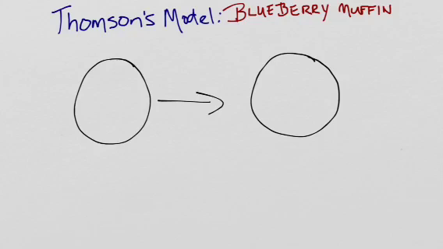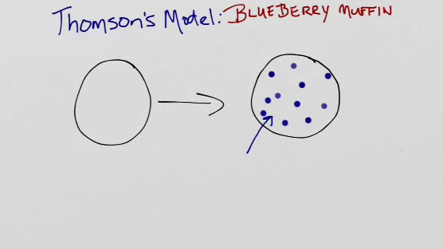Thomson's idea builds on Dalton's model because here we have the actual solid structure, which is the portion in white, and this is considered to be an overall positive substance.